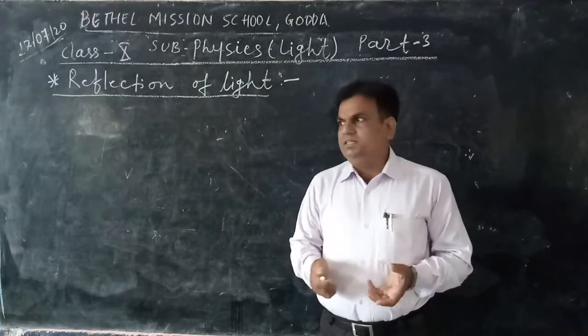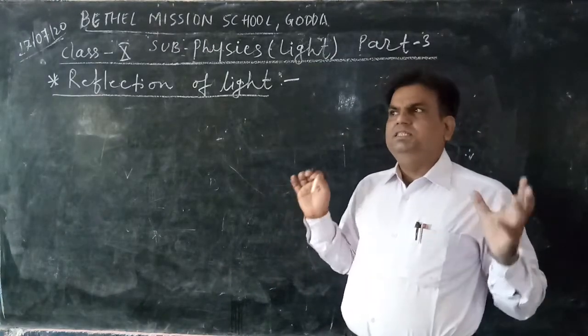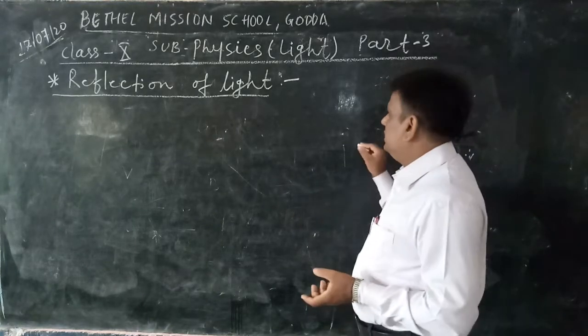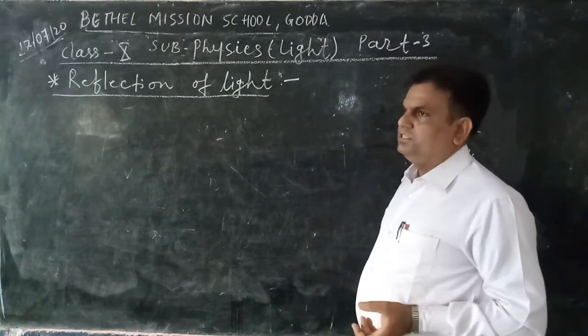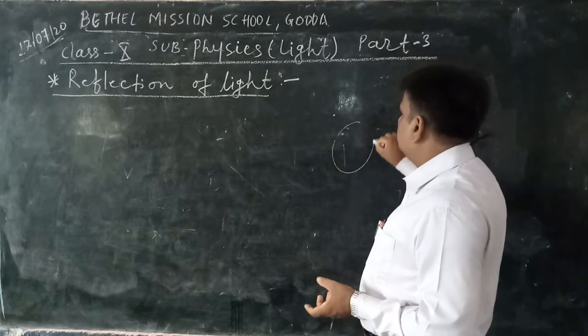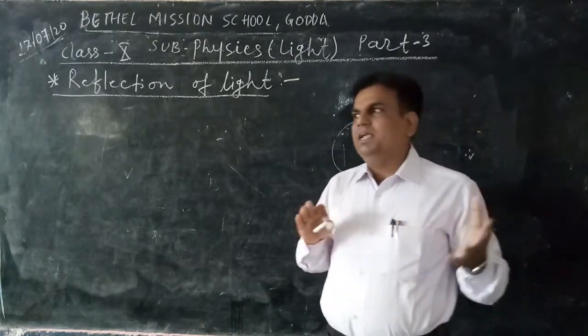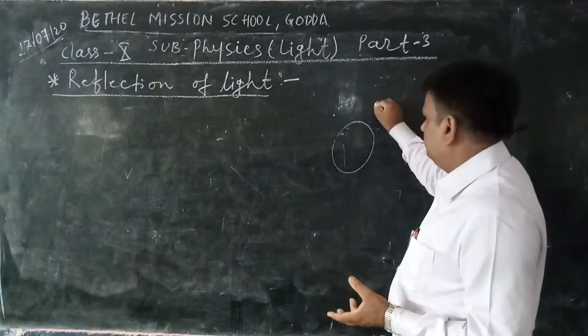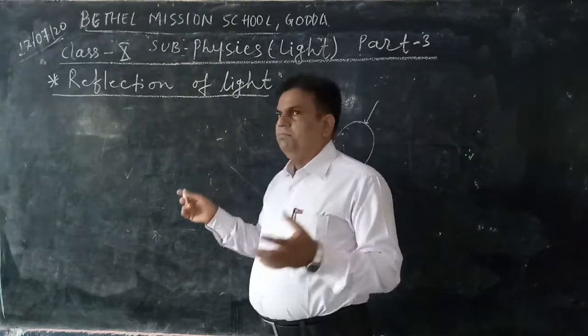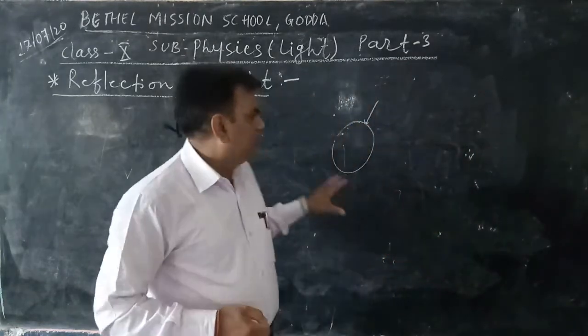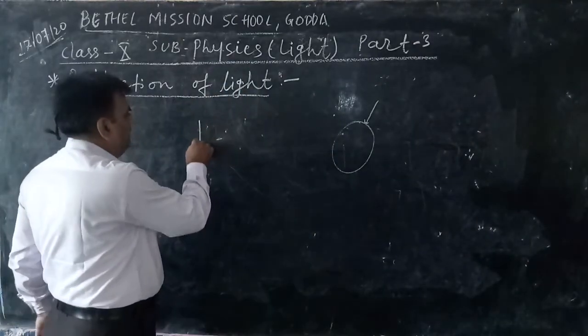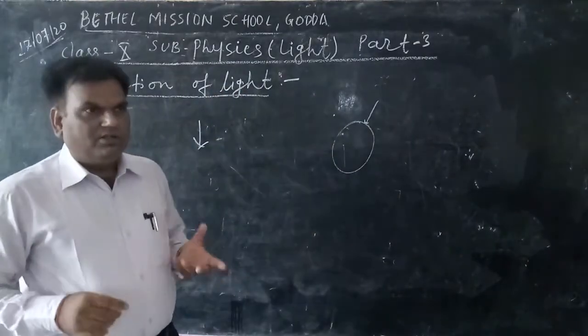So we can say that every object in the universe reflects light, from the smallest particle to the biggest object. When you switch on the bulb in your room, you see brightness all around. Why?